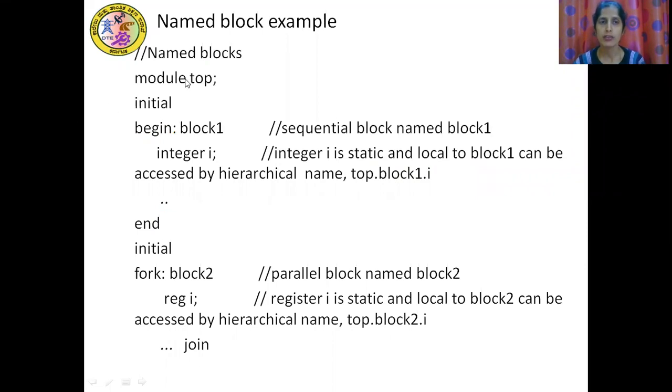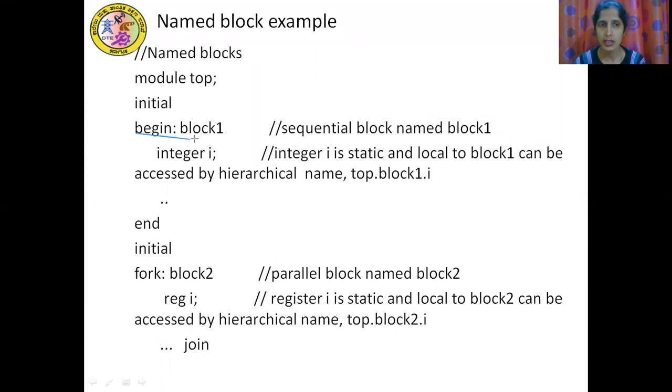So here we have chosen an example where the module name is top. The keyword module is followed by the name of the module, top. The module begins with the keyword initial, within which we have written a sequential set of statements within the keywords begin and end.